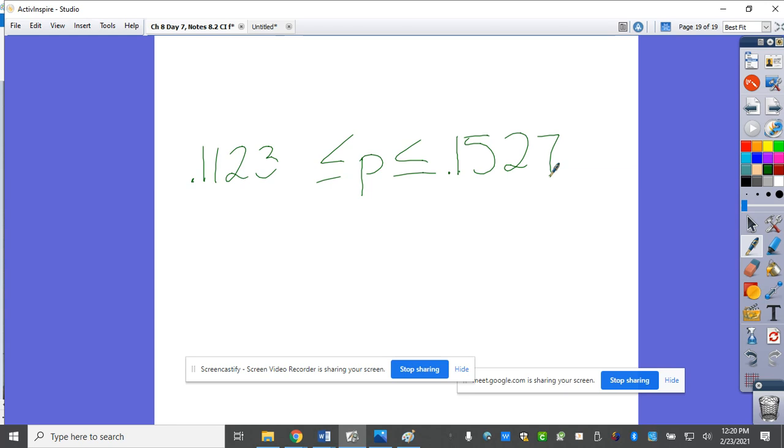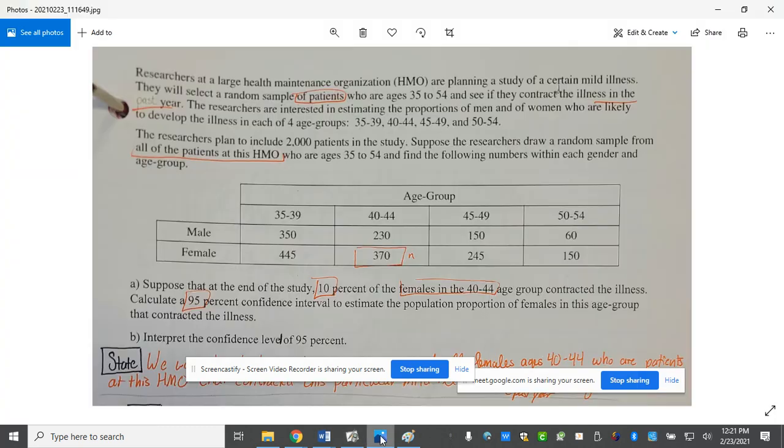For a regular proportion, is there anything wrong there? We'll talk about a different one. Would there be anything wrong with this one? Because what are our proportions between? 0 and 1. Now, could we technically have a confidence interval that goes outside of 0 to 1? Yes, because it's saying everything that way. But I don't see any big red flags here. But if I made it specific to the problem that we're dealing with, it is a red flag.